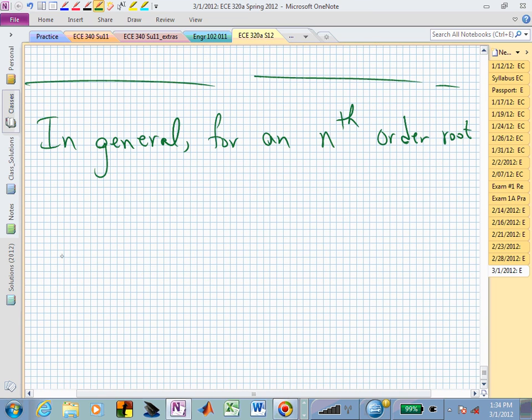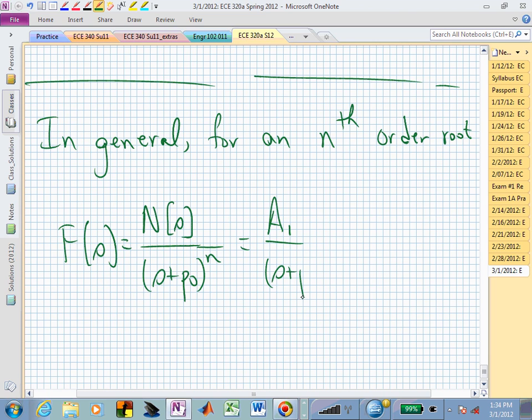Here's what we would have. We would have f of s equaling, let's say, n of s over s plus p sub 0 to the little n. Notation-wise, we have a1 over that factor to the n.